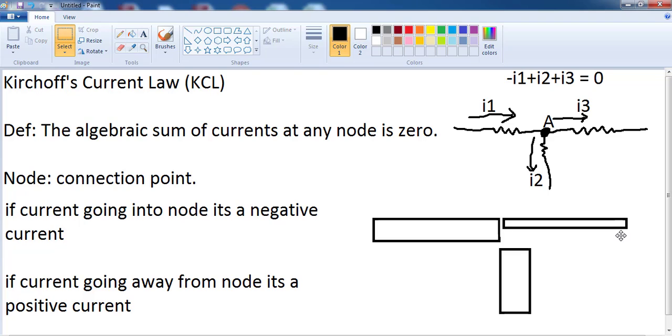Let's make this one come into here. And this is a connection point, right?